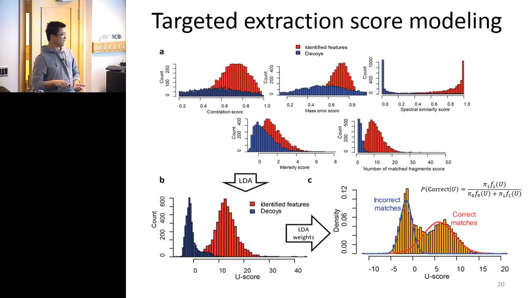And once we have the target score, we do the mixture modeling to expect this is the distribution of the correct identifications, and this is the distribution of the incorrect ones. So we can estimate the FDR after this mixture modeling.